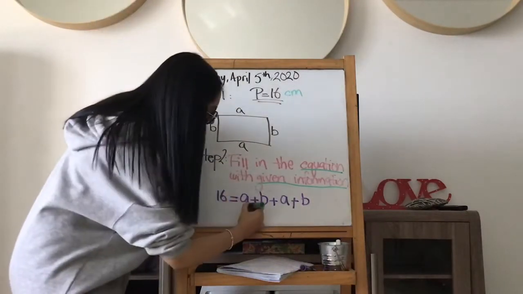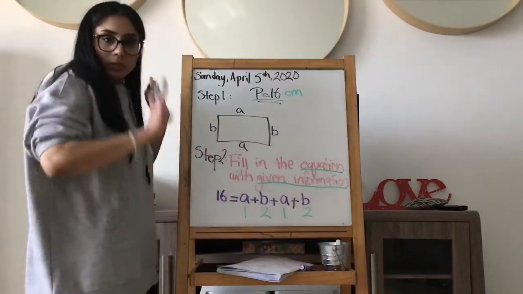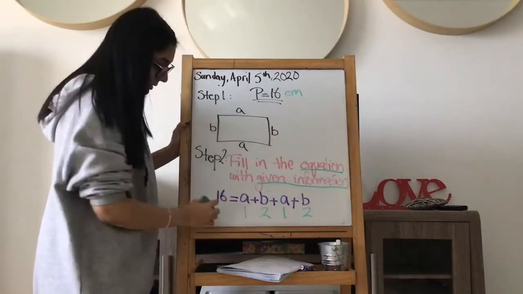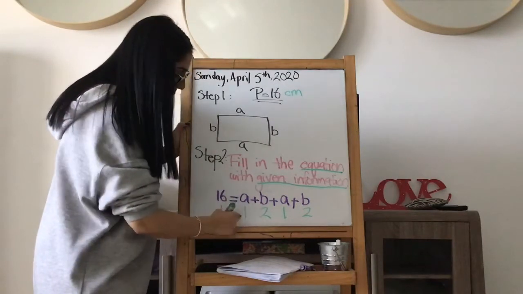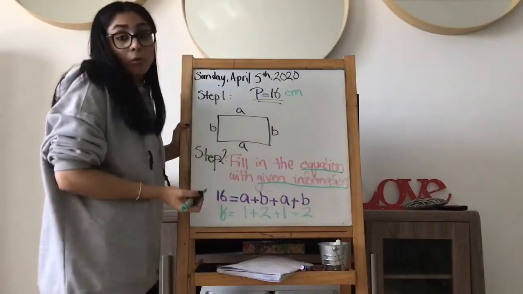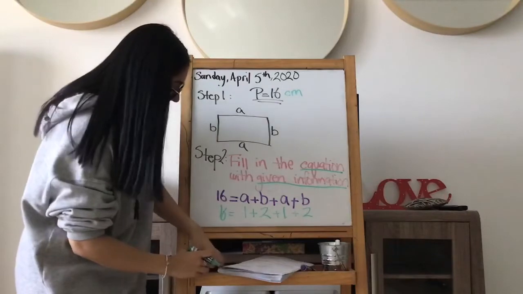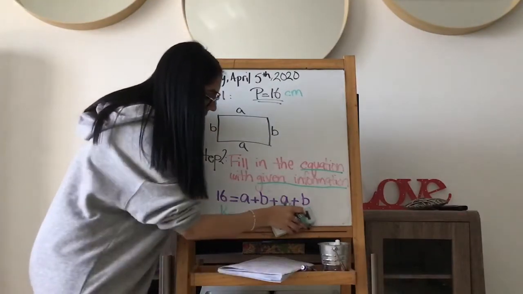Could I put 1, 2, 1, 2? Let's try that. And it's okay. Is 16 equal to 1 plus 2 plus 1 plus 2? No, it doesn't equal 16, right? That equals 6. Okay, let's keep going. We know that doesn't equal.